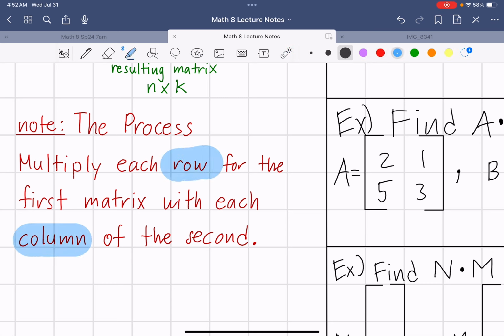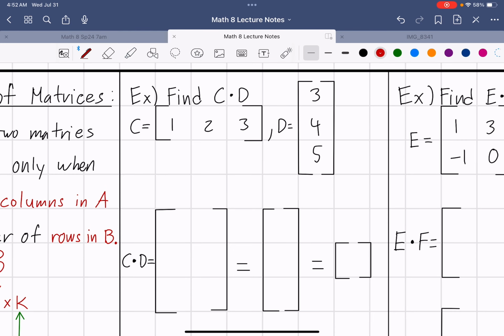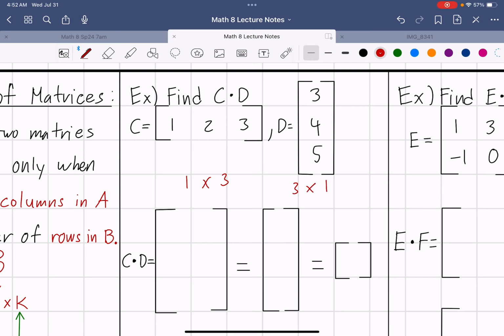Now, how does that look? Well, let me show you in this quick example here. This is a 1 by 3 matrix because there's only one row, but 3 columns. Now, for D, it's a 3 by 1 matrix because it has 3 rows but only 1 column.